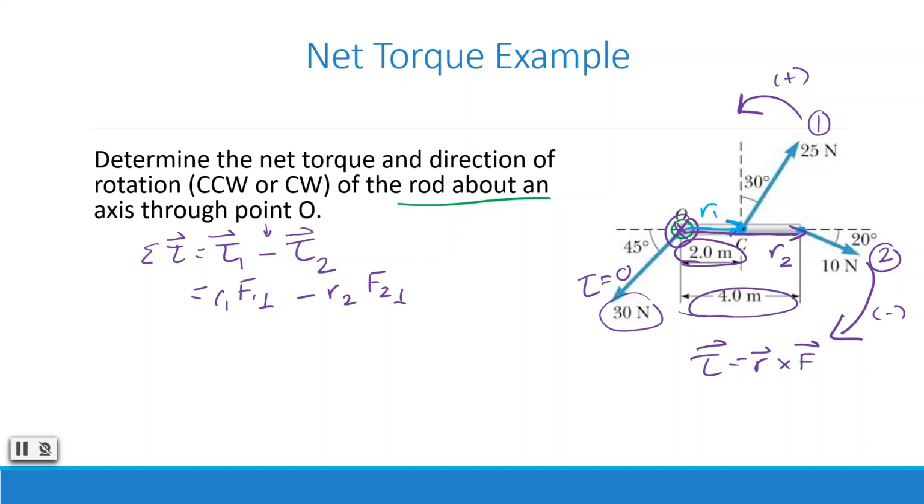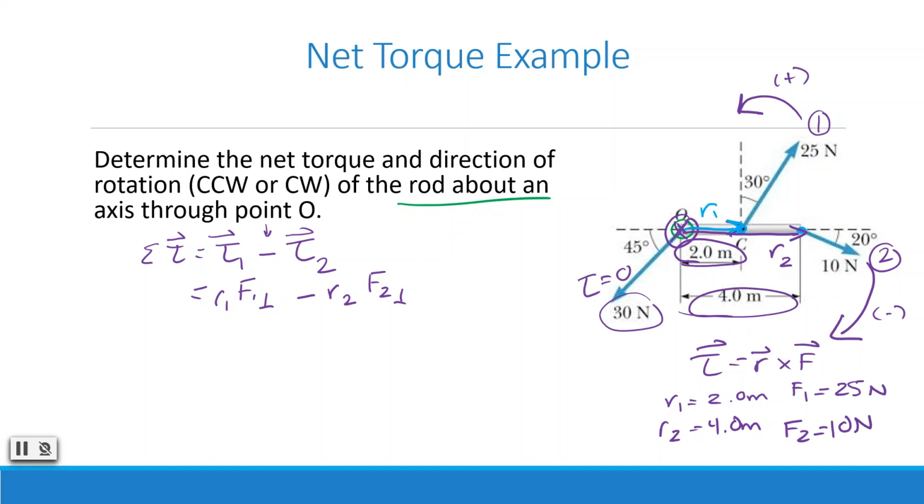But sometimes they give you dimensions that are not the same as the lever arm, so drawing in those lever arm vectors on your diagram will help you figure those problems out. So R1 is 2.0 meters, R2 is 4.0 meters, F1 is 25 newtons, and F2 is 10 newtons.